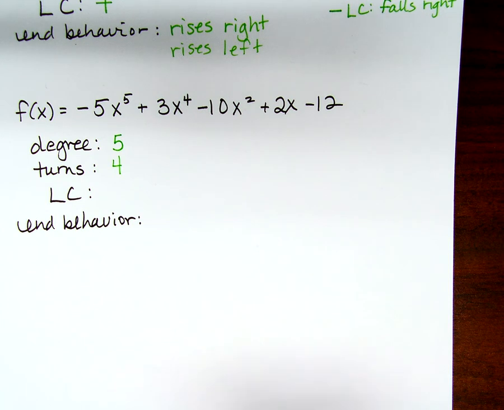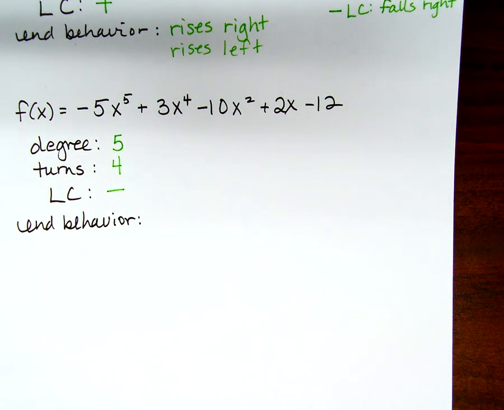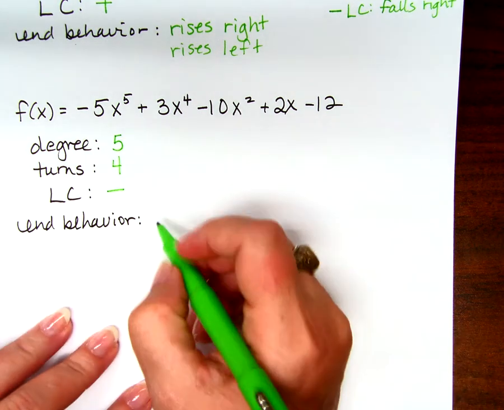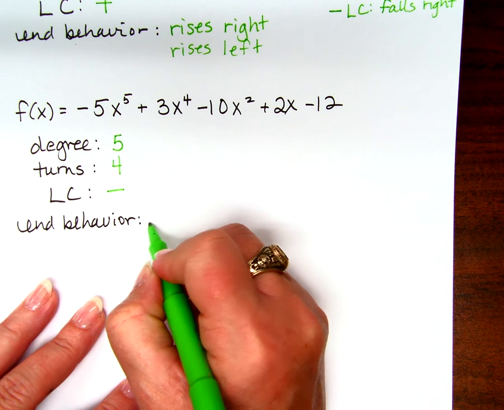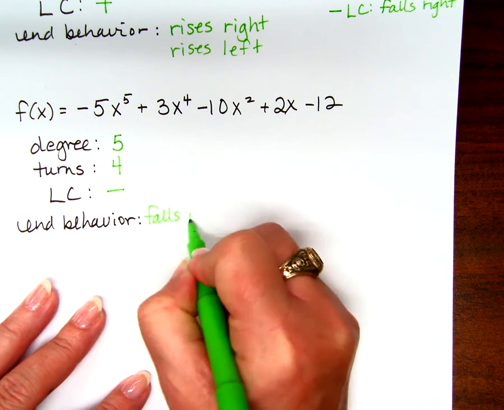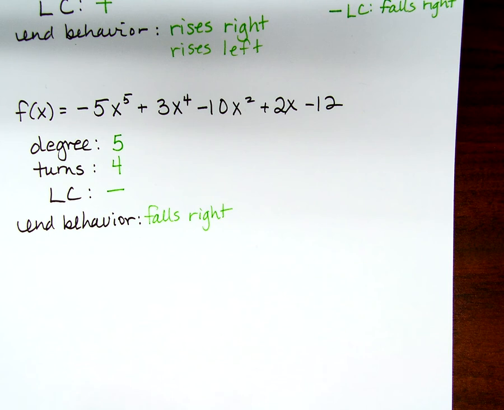Another volunteer. Cohen, leading coefficient? Negative. Now, you and I both know that it's negative 5, but we don't really care about the 5 right now, do we? Okay. Another volunteer? Maddie, tell me what you know. Falls right. Leading coefficient is negative, so it falls right.